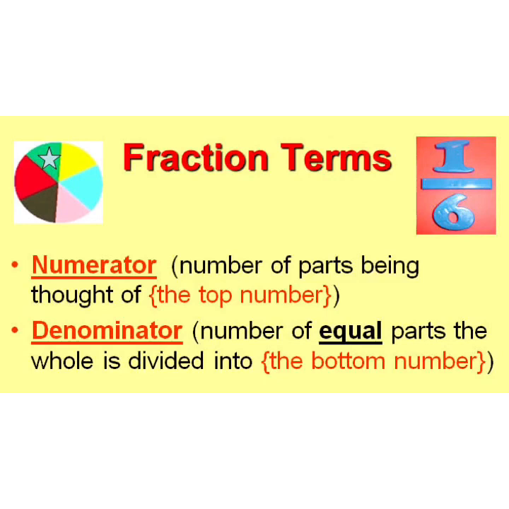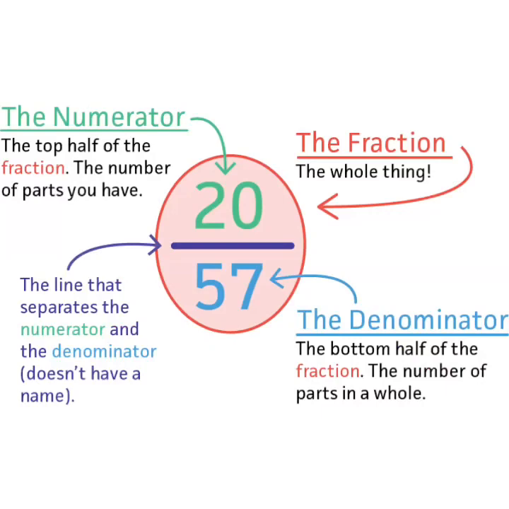But what exactly are the denominator and numerator? Children, the numerator is the number of parts being thought of, and the denominator is the number of equal parts the whole is divided into. Children, you can see this example, 20 upon 57. Here the denominator is 57. That means the whole is divided into 57 parts.